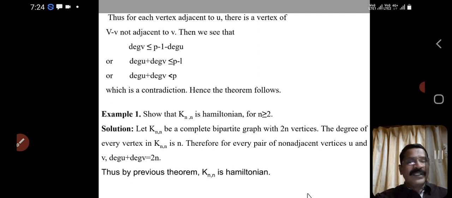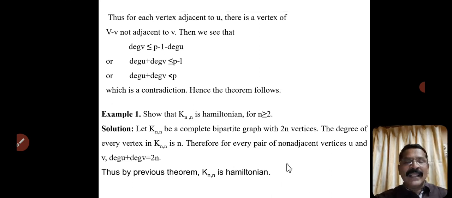The degree of every vertex in K(n,n) is obviously n, because a vertex in V1 is adjacent with every vertex in V2. It implies one vertex of V1 is adjacent with the n vertices in V2. So the degree of every vertex in K(n,n) is n.